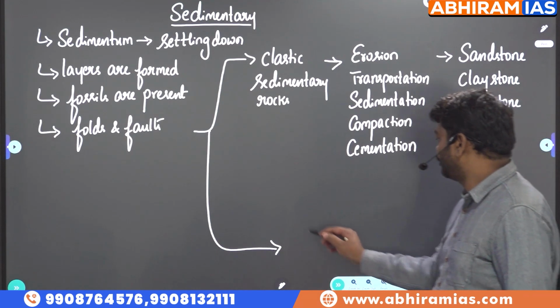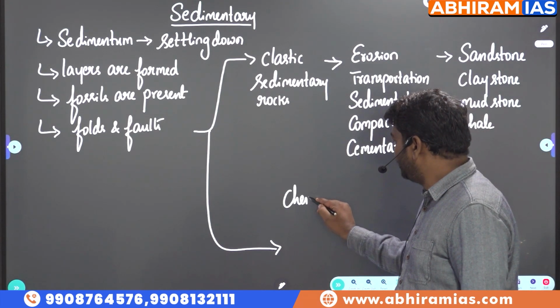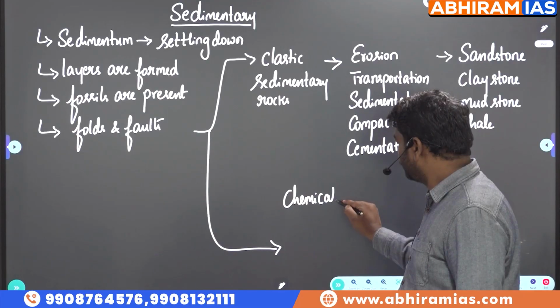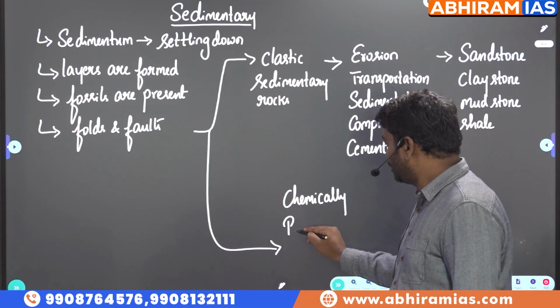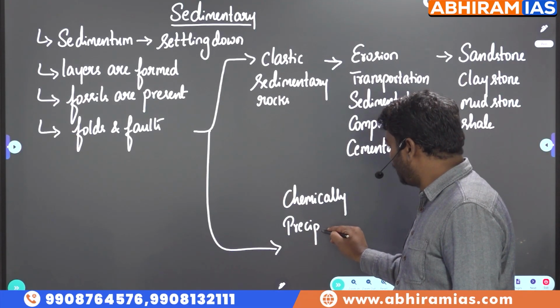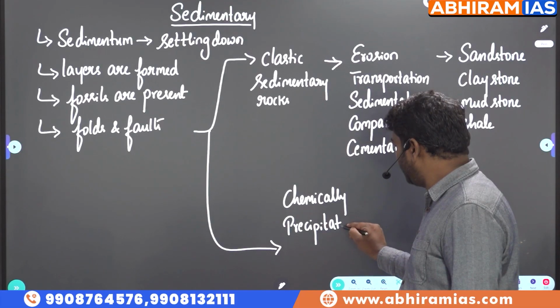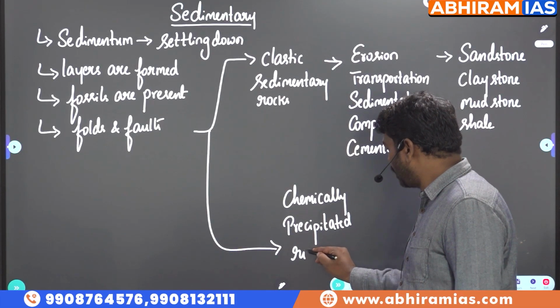Second type is chemically precipitated rocks.